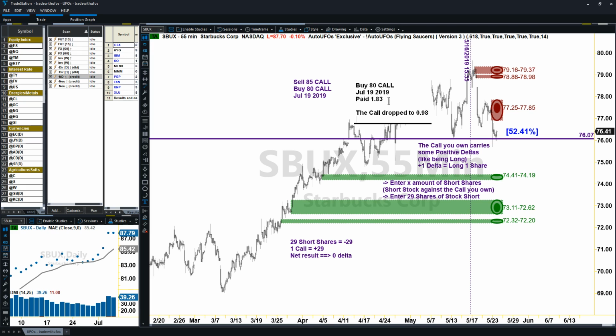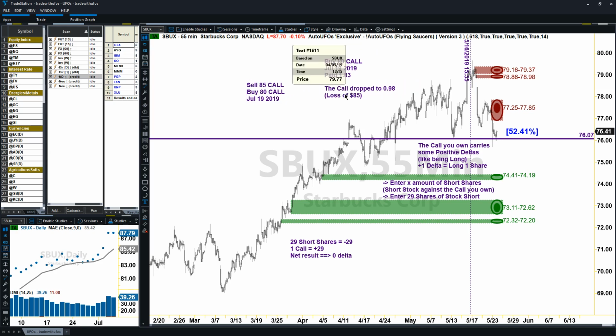This is a loss of $85, if I'm not mistaken, per call. So the moment you add 29 shares of stock short, you are paralyzing that loss at 85. But the goal is not that the loss stays at 85 forever, because if you want this, just close the call. Close the call, you get an $85 loss, and that's it, end of the story.